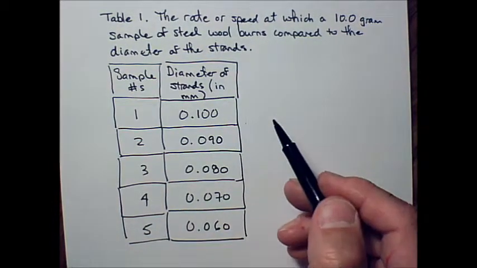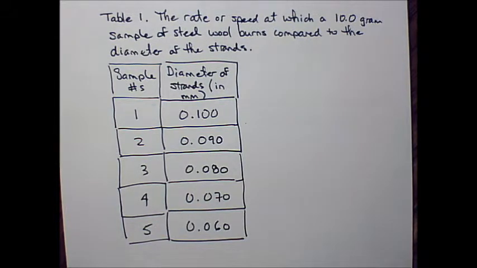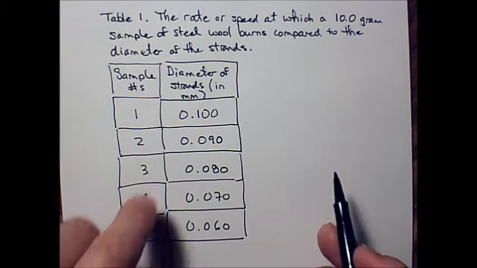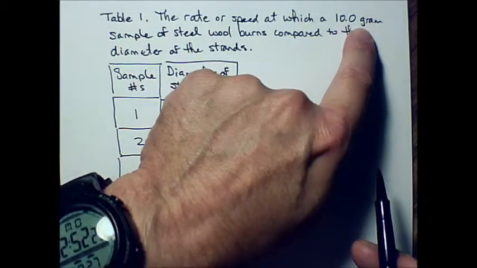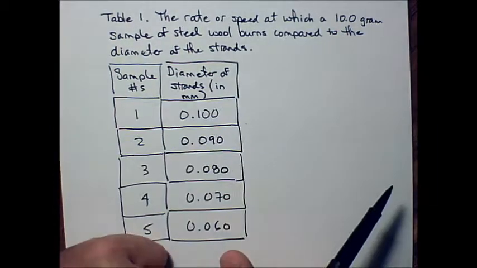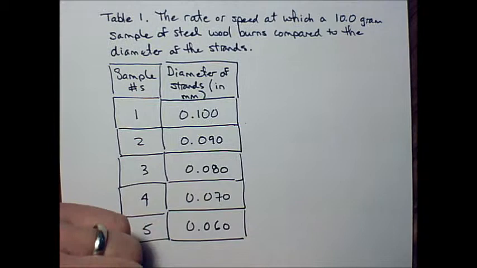All right. And so we're comparing that to the rate at which the steel wool burns. Okay. How do you measure a rate? Okay, that's a rate. How many miles per hour? Well, we know we have 10 grams. So how many grams per hour would be a rate? Well, we already know the grams, so what do we really need to know then?